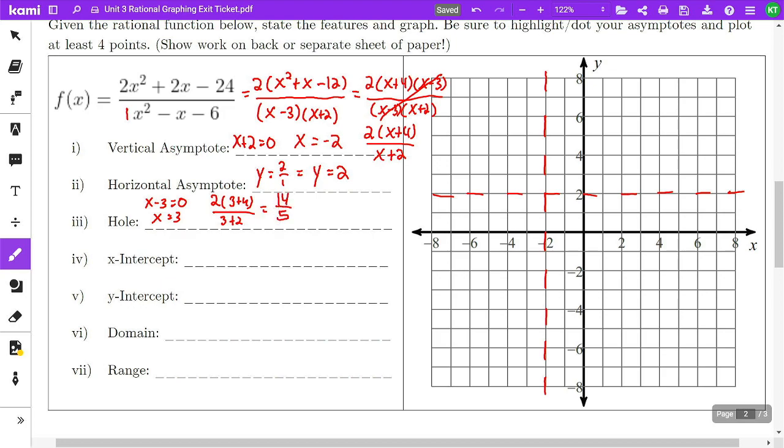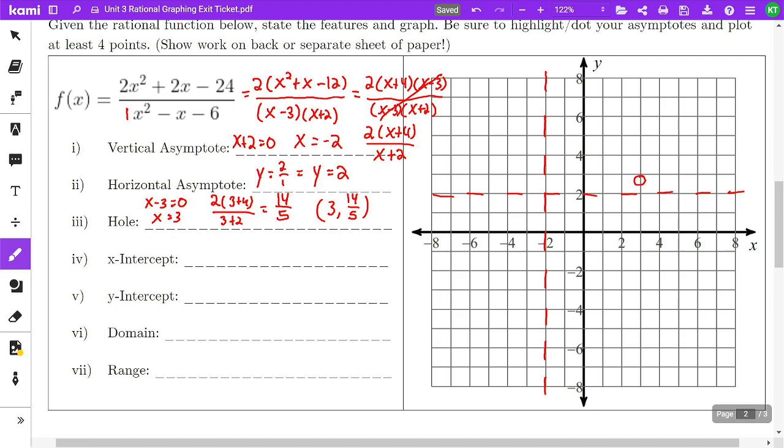Yes, you can get fractions. No, they're not the most fun thing to graph, but yes, you can get them. So my coordinate is going to be 3 comma 14 divided by 5. 3 and go up, that's going to be about right here. And again, clearly mark my hole there.